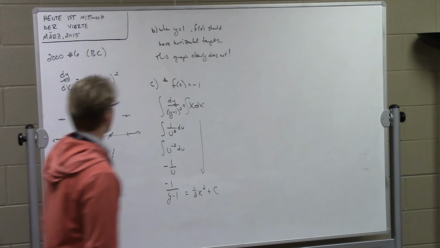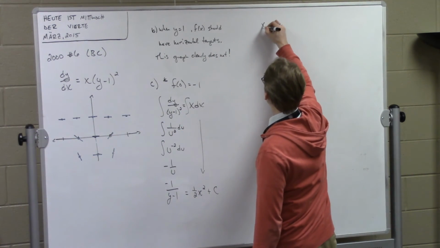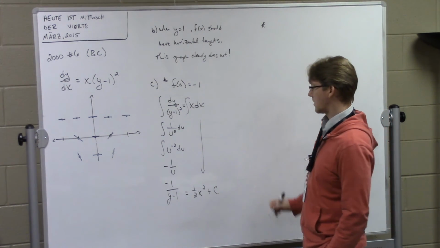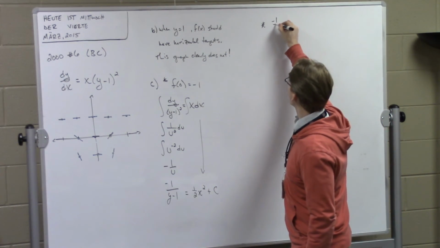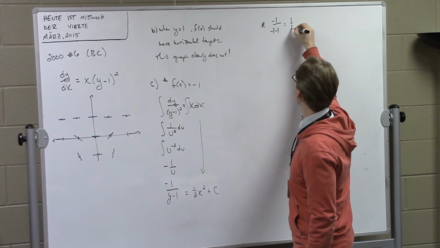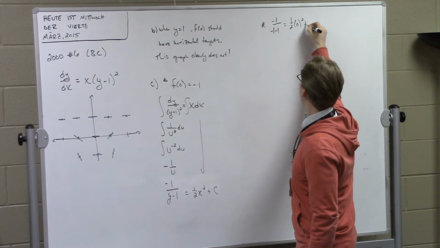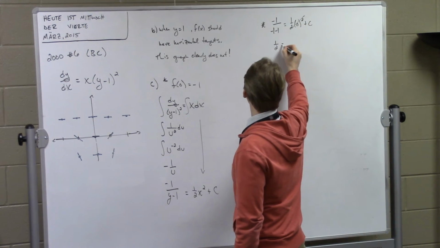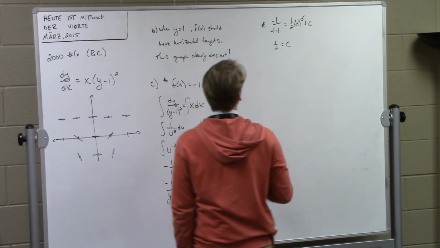This side's pretty easy, 1/2 x squared, and then the plus c. All right, so now let's find our c value using that condition. So when x is 0, y is -1. We're going to get -1 over -1 minus 1 equals 1/2 0 squared plus c, gone. This is going to be positive 1/2 equals c.